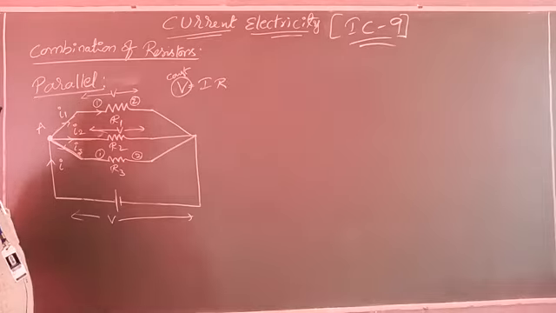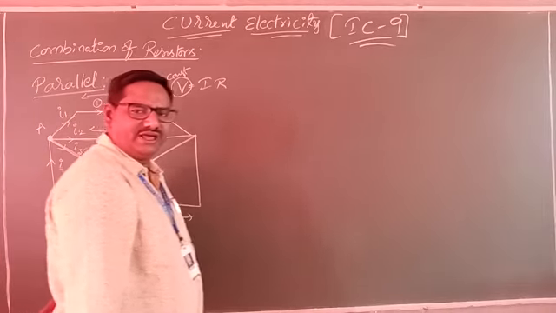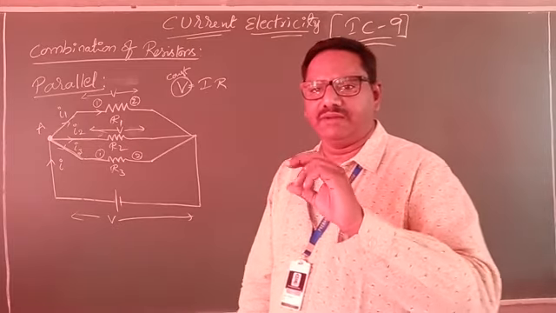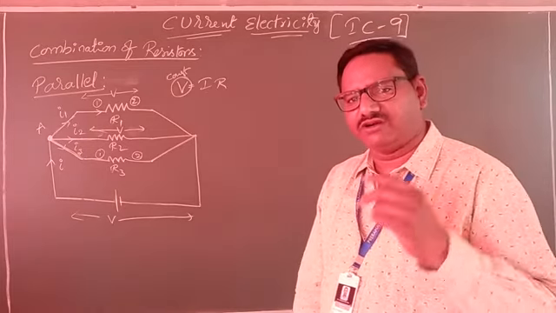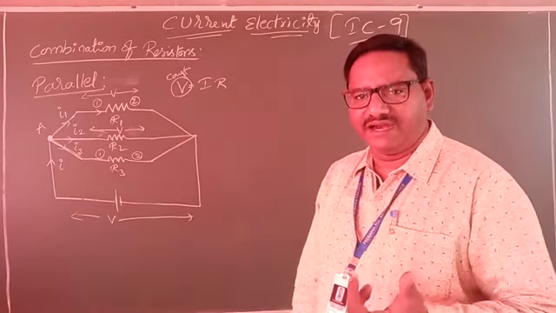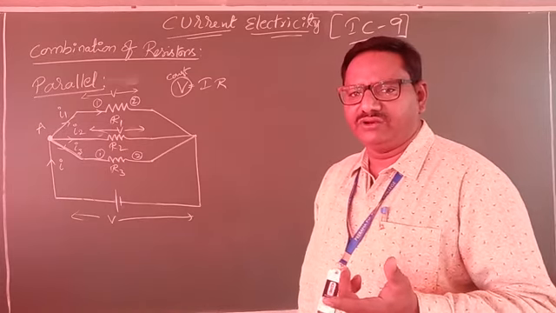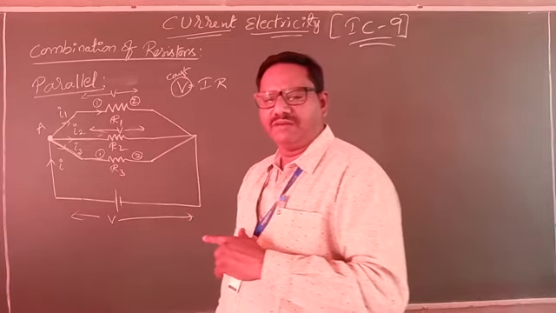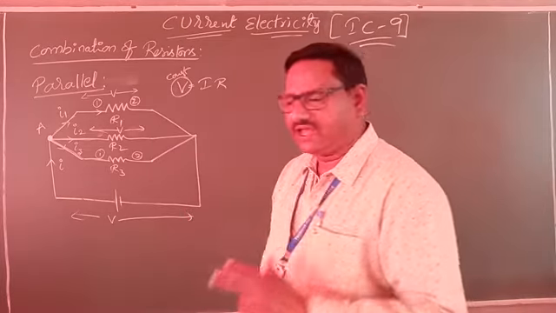Do you understand? So what you can observe here is very simple. In a parallel combination, potential must remain the same. In a series combination, current must remain the same. The current flowing through each resistor must remain the same there. Here potential must remain the same. That is the difference. Clear?